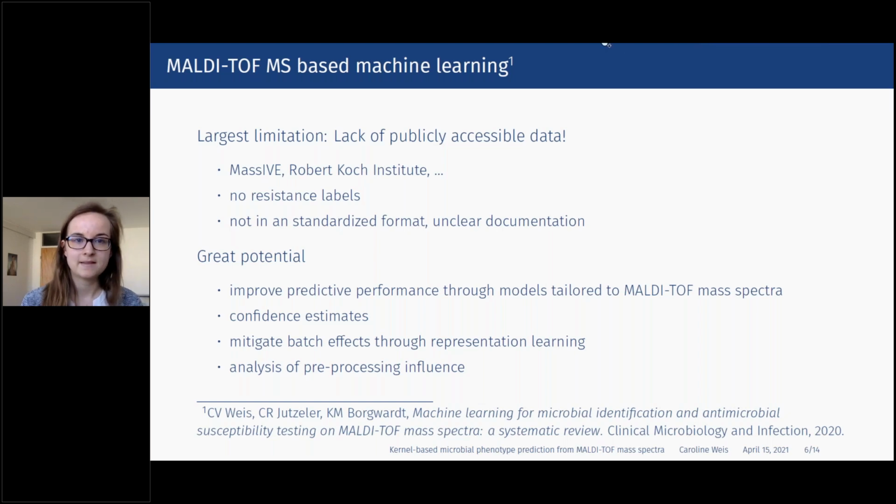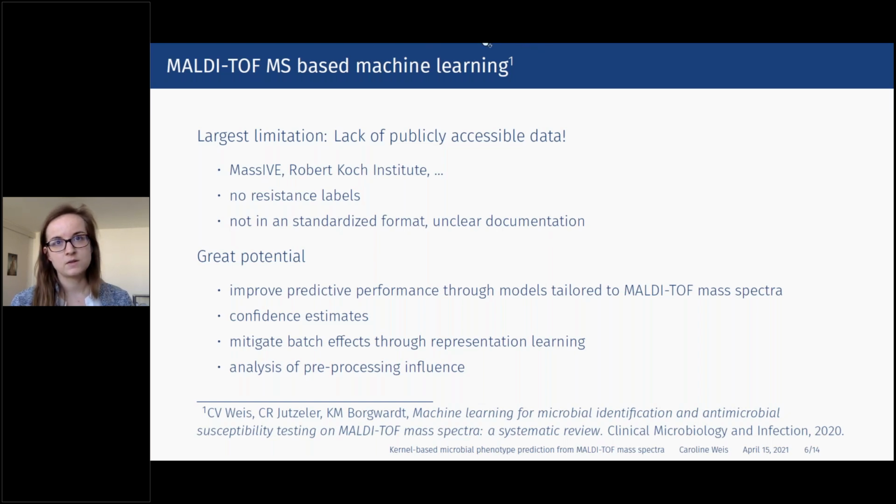I do want to make a case that machine learning has great potential in the field of MALDI-TOF. So improving prediction through more complex and tailored models is obviously an integral part of the machine learning field. So this is very applicable to the task of MALDI-TOF based machine learning. Being able to give precise confidence estimates along with your prediction is also a part that is very well worked on, studied in the field.